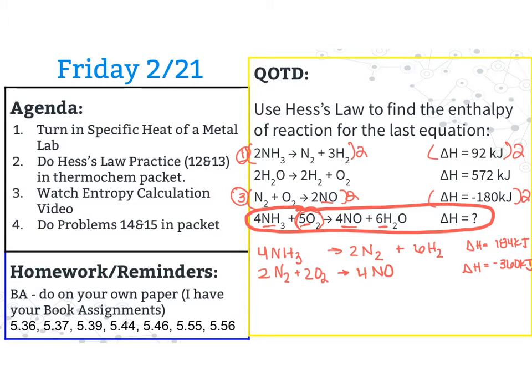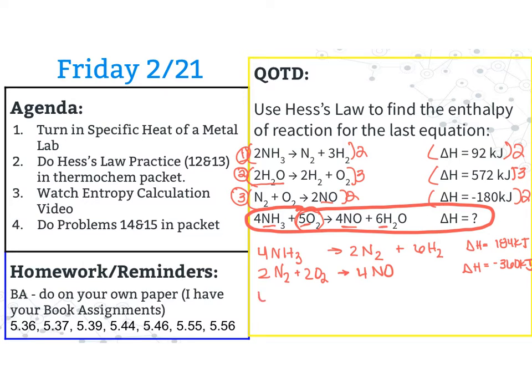Okay, and then my last thing, I need 6 waters on the product side. And I see water only in equation 2. It's on the wrong side and it's not the right amount. So I'm going to multiply it by 3 to make it 6. And I'm going to flip it. So I'm actually going to multiply by a negative 3 for my delta H. Okay, so I've got, let's see, I'm going to flip it.